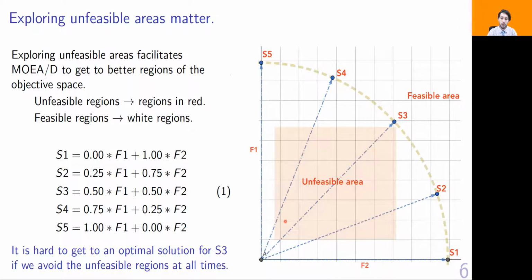For example, if we allow MOEA to pass through this unfeasible area, not avoiding it, but accepting it as part of the progress, it will likely get to a good solution S3 with more ease than it would if it had to avoid this area, contour it, and get to S3.